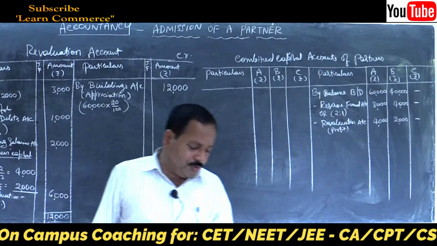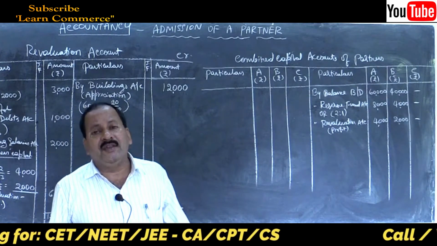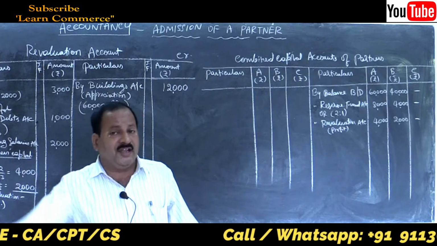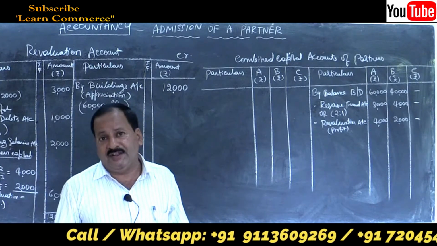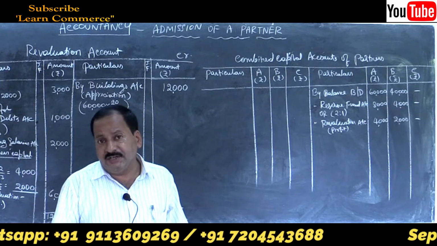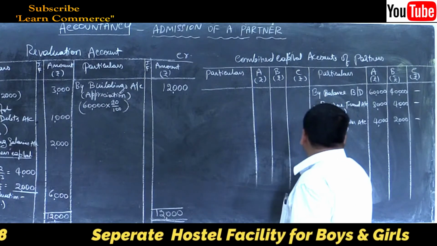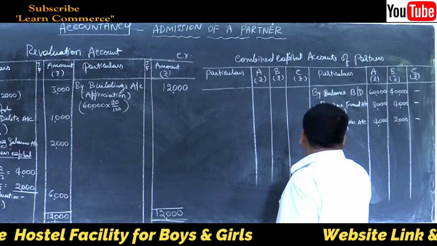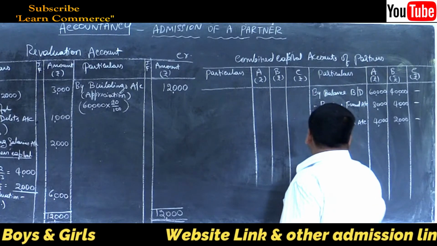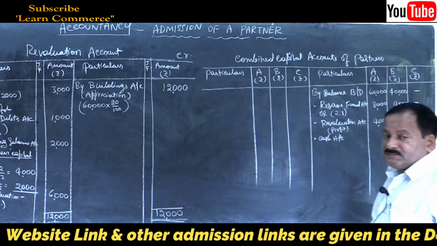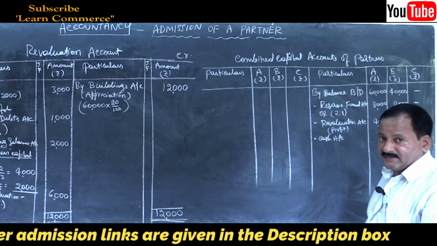Then what we have to do? We have to give entry for cash brought in by new partner towards capital. Cash account debtor to new partners capital account. So in new partners capital account, by cash account. Don't write cash or bank. Be specific, very clearly given.